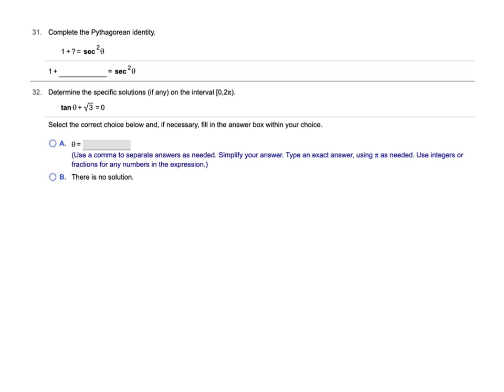Okay, and number 31 is one of the Pythagorean identities. It says 1 plus tangent squared equals secant squared. That's just one of the Pythagorean identities. The other ones, by the way: you have 1 plus cotangent squared equals cosecant squared.